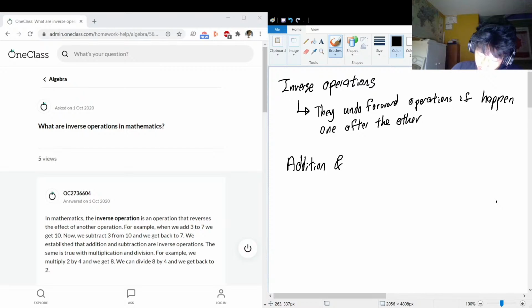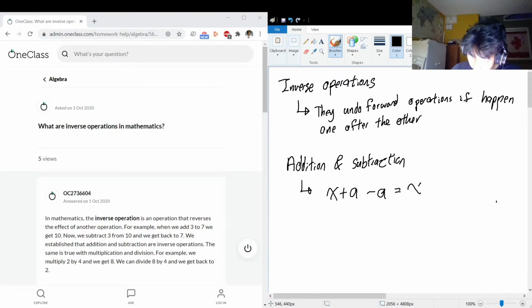Addition and subtraction. Now they're both inverse operations of the other one. So addition is the inverse of subtraction, and subtraction is the inverse of addition. So an example: if we have x plus a minus a, that's equal to x.